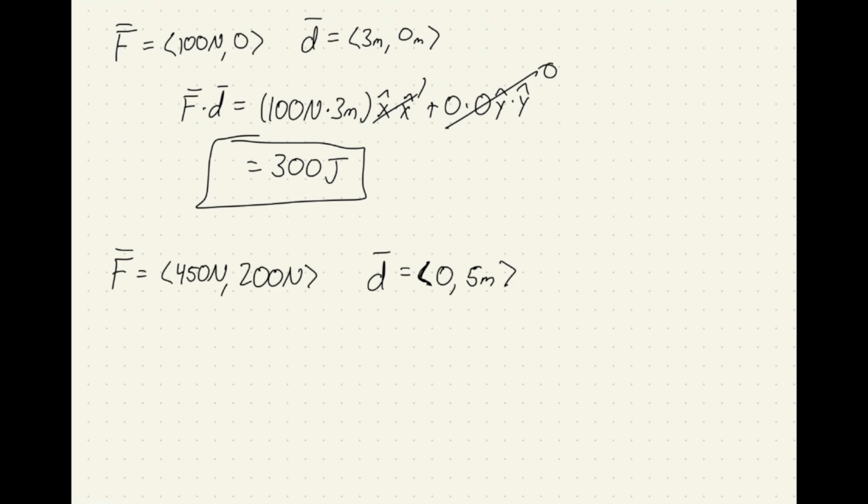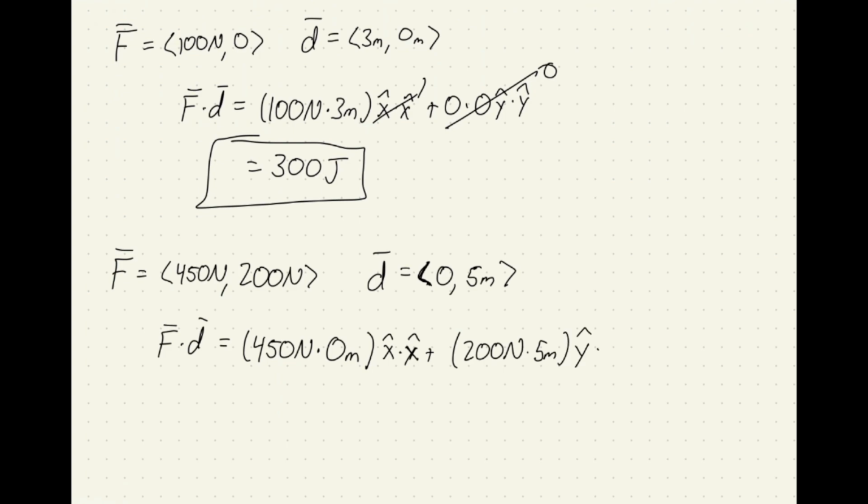Okay, so you should have had a chance to work on that. To do this dot product, F vector dotted into d vector, I would take my x component, 450 newtons, times my x component of my displacement vector, which is 0 meters, times x hat dotted into x hat, plus 200 newtons times 5 meters times y hat dotted into y hat.